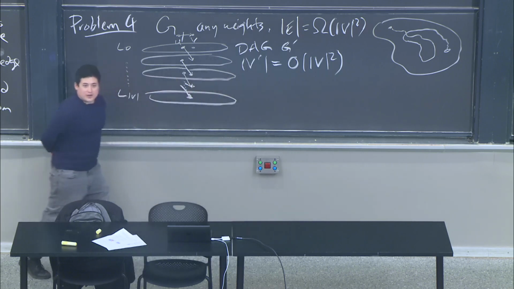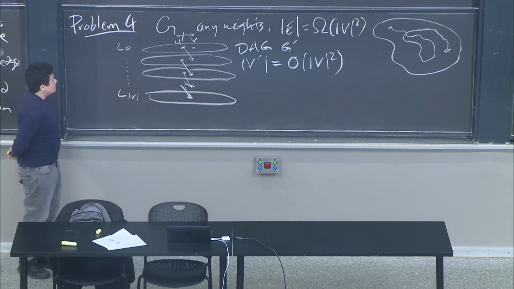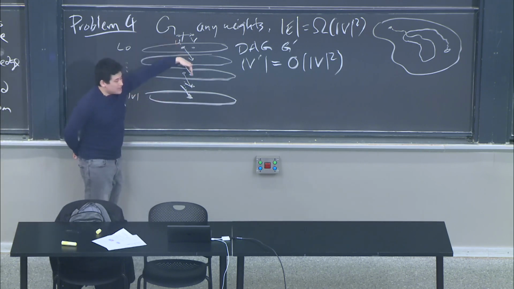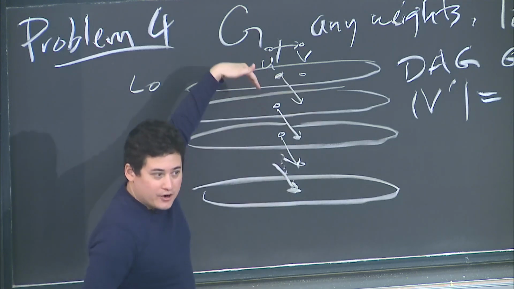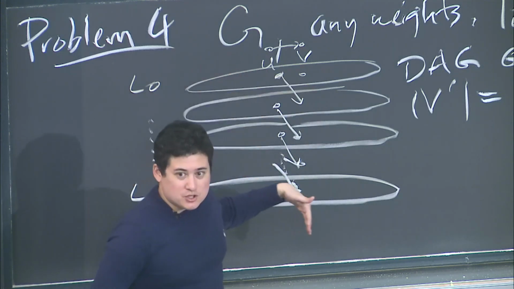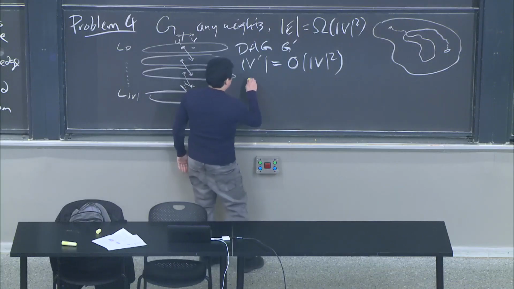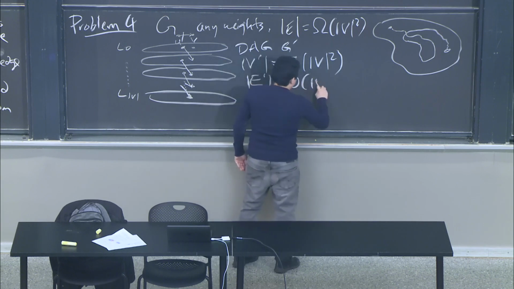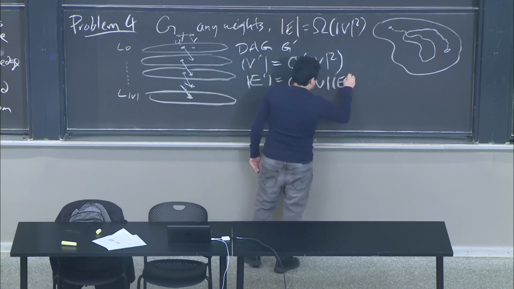And how many edges are in my graph? V times e, right? I copied every edge, made it directed down between each level. There are v transitions between levels, and I copy each edge for each of those. So the number of edges is order v times e.